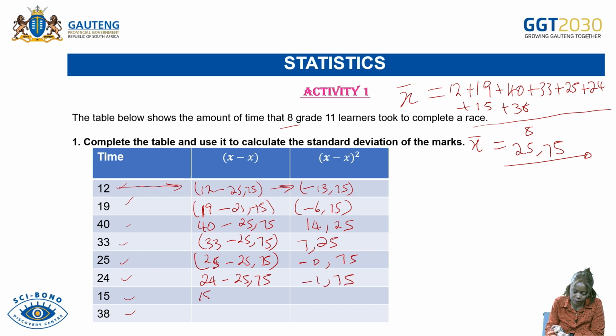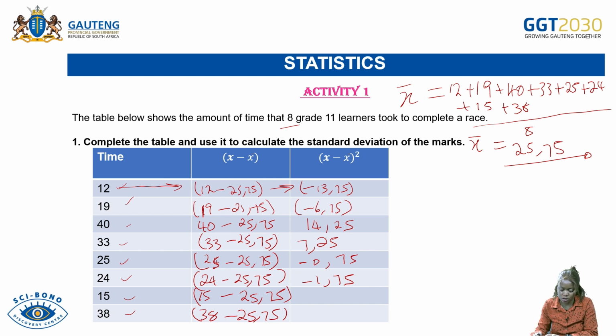You move to 15 minus 25.75, and also 38 minus 25.75. So that is going to be 15 minus 25.75, and it's going to give you negative 10.75, and then 38 minus 25.75 is going to give you 12.25.